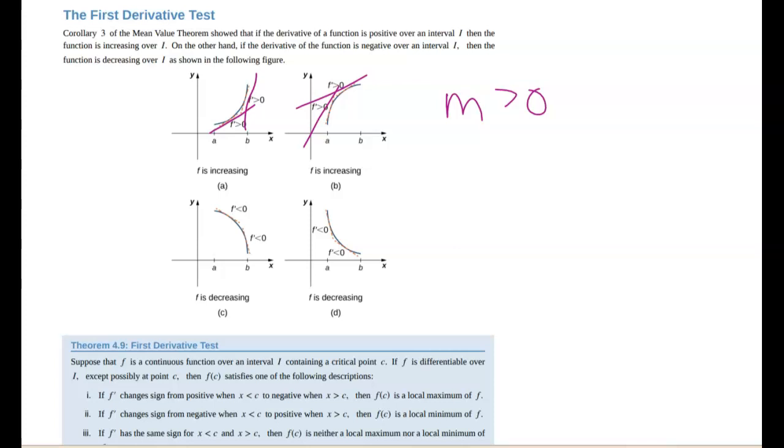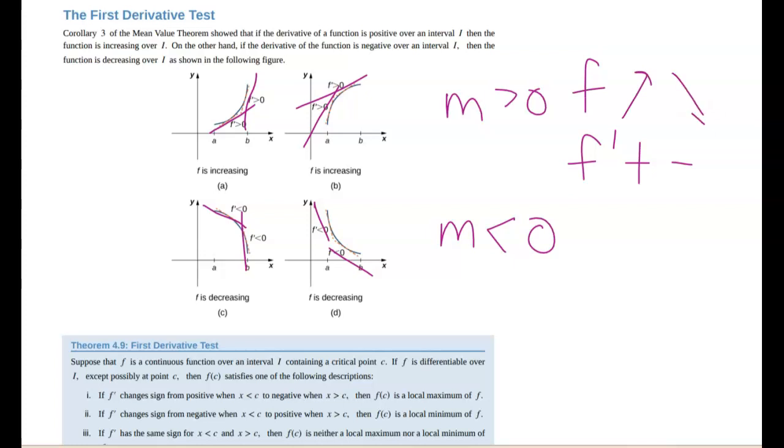And when you have a decreasing function, the slopes of those lines are negative slopes. And so if we know f prime is positive or negative, then we know if the function is increasing or decreasing.